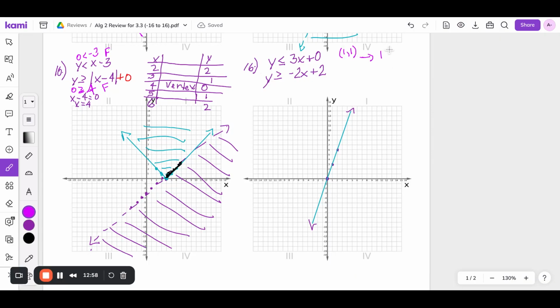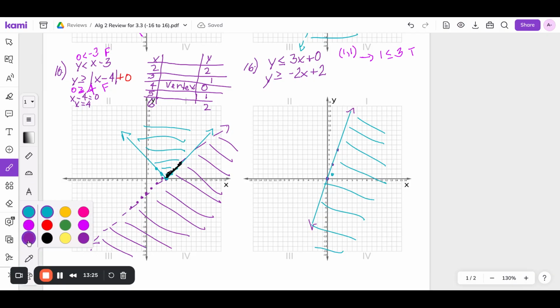That's going to make 1 less than or equal to 3 times 1 is 3 plus 0 is 3. Is 1 less than or equal to 3? Well, yeah, 1 is less than. So I'm going to shade this side of the line because that's where 1, 1 is. And so since it's a solution, it would be in the shaded region.